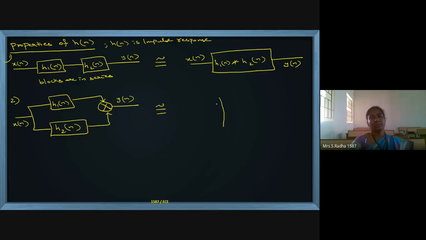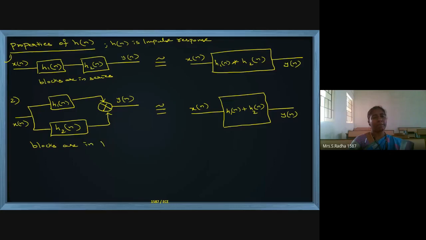If the blocks are in parallel, you have to add them. Convolution is not satisfied here if they are in parallel. Overall input is x of n, overall output is y of n, and here the blocks are in parallel. Two systems are there. The systems are in parallel.